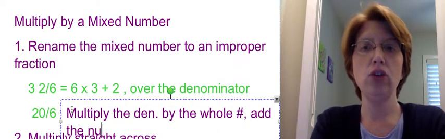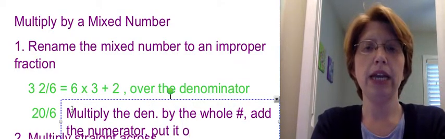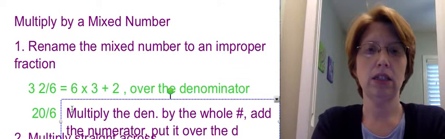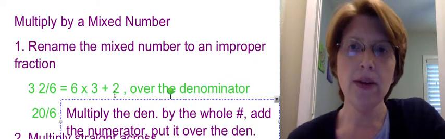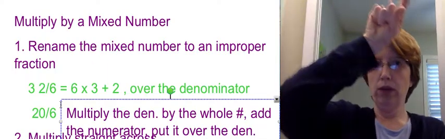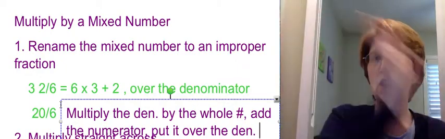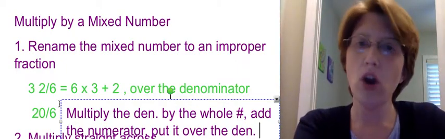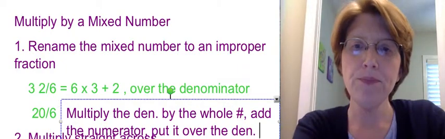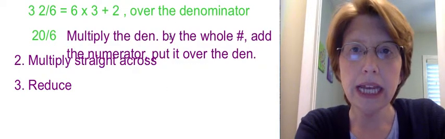Add the numerator and put it over the denominator. Okay, and that's what I did right here. I started at the bottom and go up this way, right? 6 times 3 plus 2, put it over the denominator. We've already done that. Okay, now let me get this out of the way a little bit.